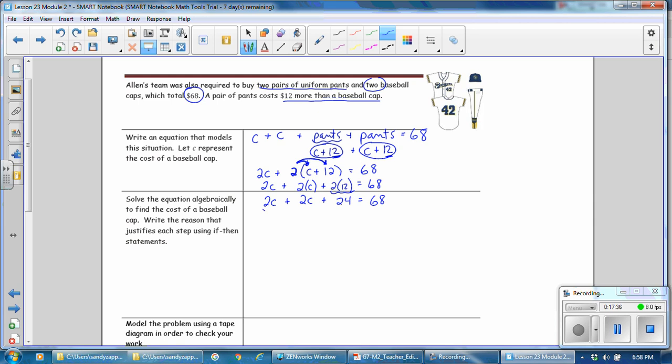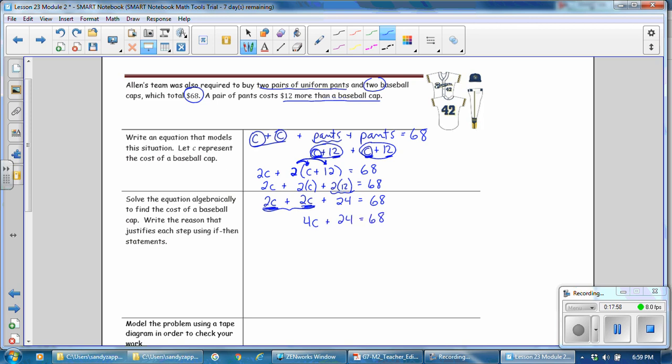Next, I'm going to combine these because this 2C represents C plus C, and this 2C represents C plus C. So altogether I have 1, 2, 3, 4, 4C. So 2C plus 2C is 4C, plus the 24 equals 68.